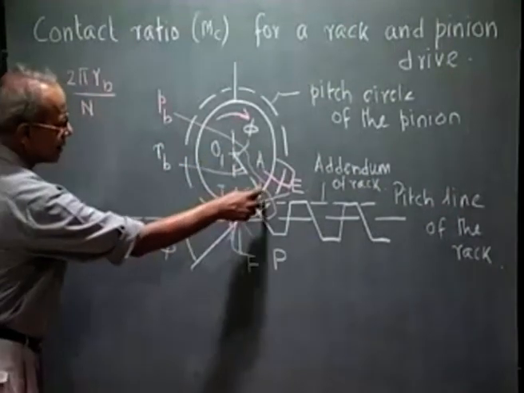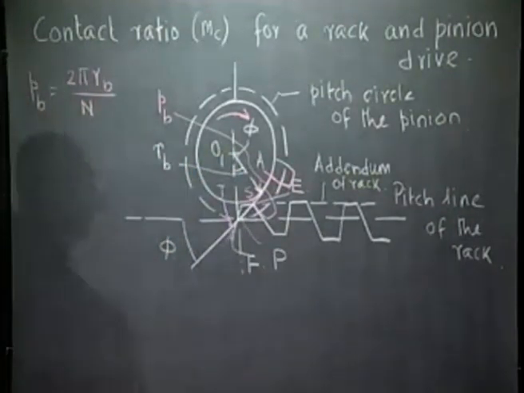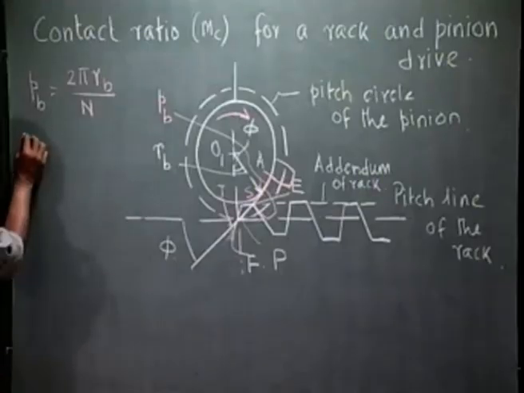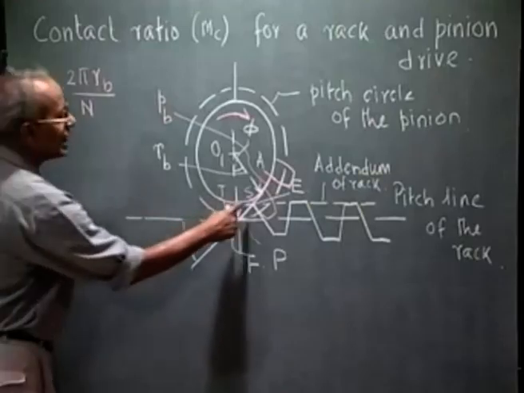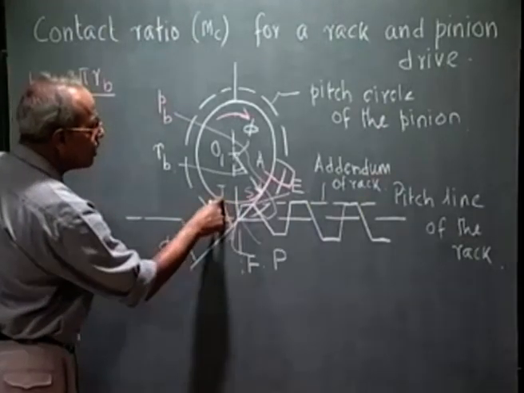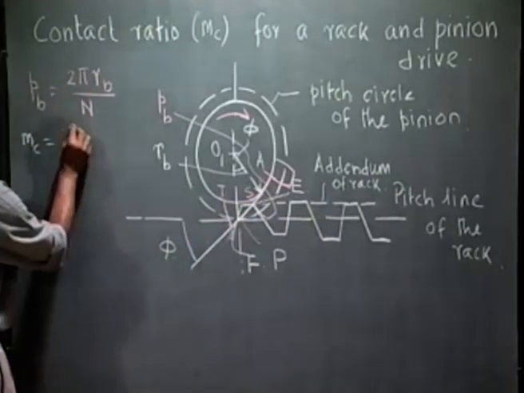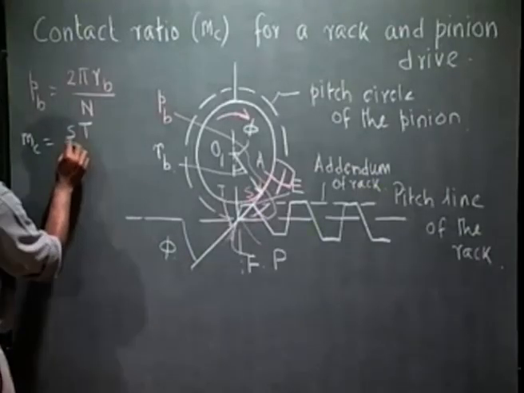RB is the base circle radius of the pinion. Now, contact ratio MC was defined as the movement of one tooth along the base circle, which is ST, divided by the base pitch.